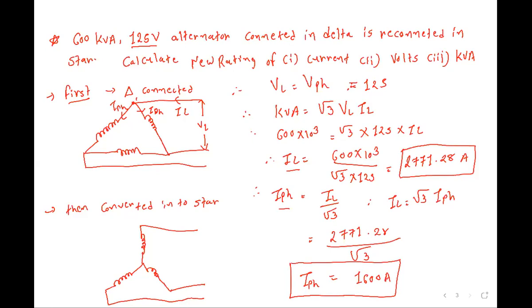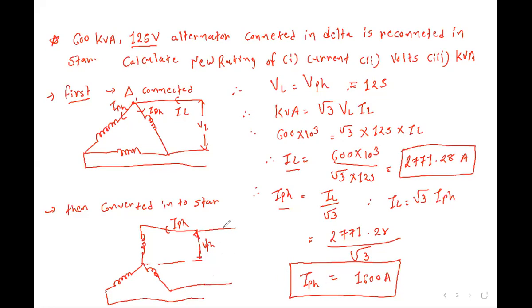Why are we going for the phase current? Because in star connection, we always have the IPH and we always have the VPH. Or you can draw the voltage between these two.